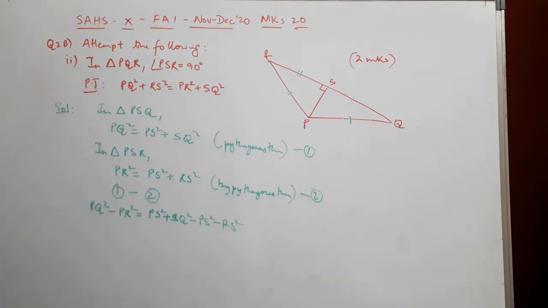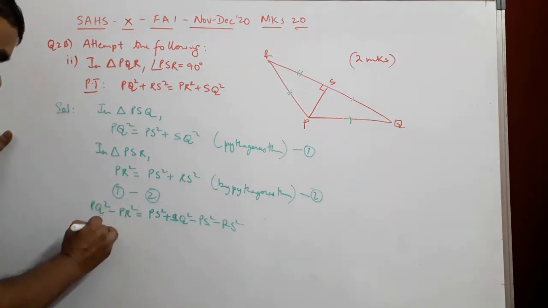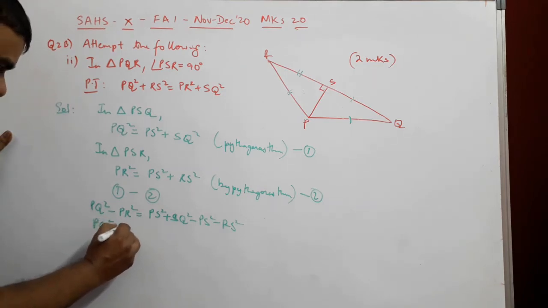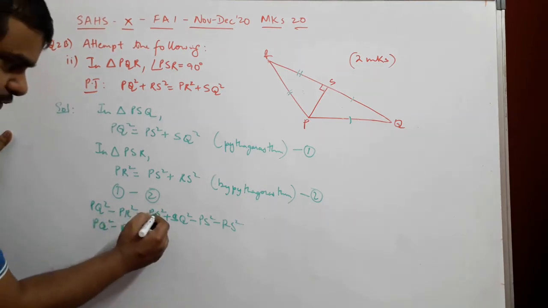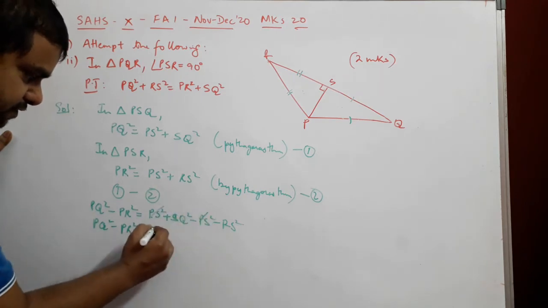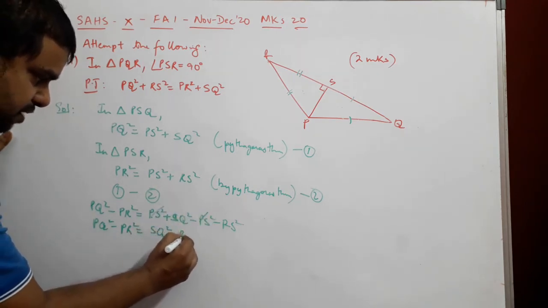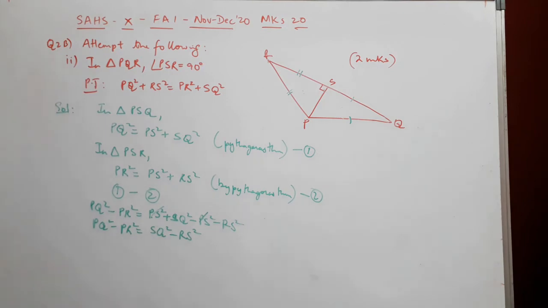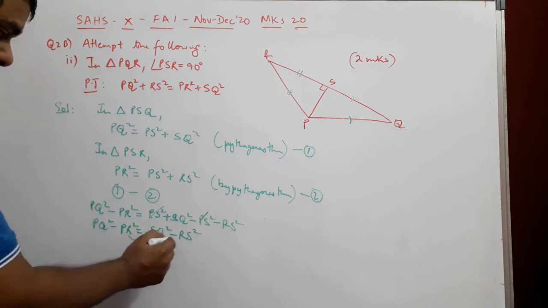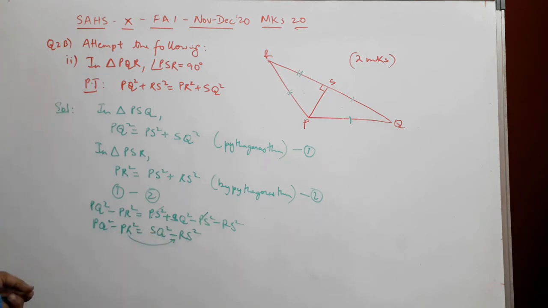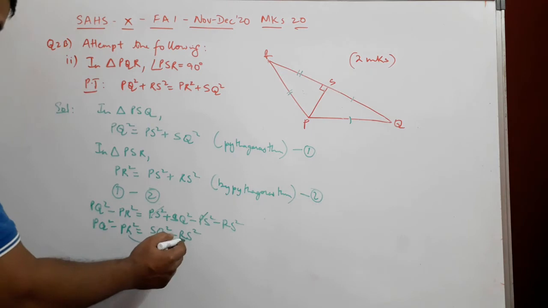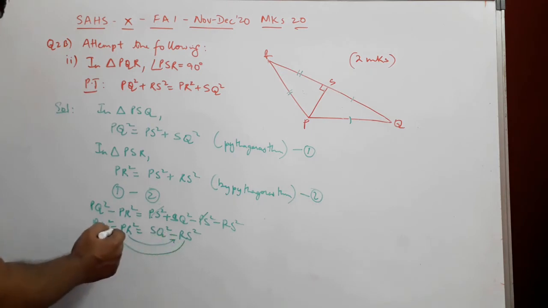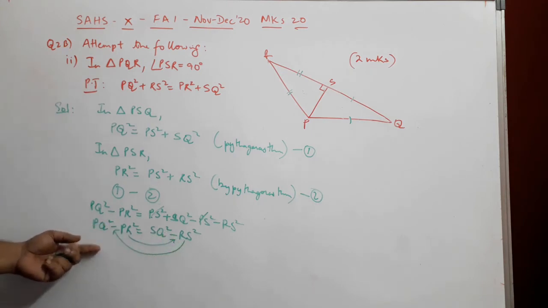Now continuing further, I keep this the same, PQ square minus PR square, equals PS square minus PS square. So these two will get cancelled, and we are left with SQ square minus RS square. Now we don't need the negative sign at all, so I'll just switch positions so that everything becomes positive. I'll bring PR square to the right hand side, where it becomes positive, and negative RS square I will bring to the left hand side.